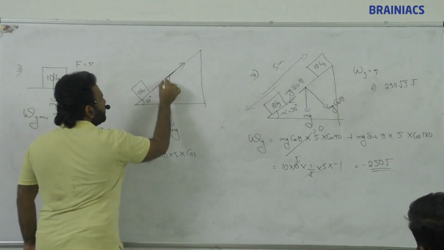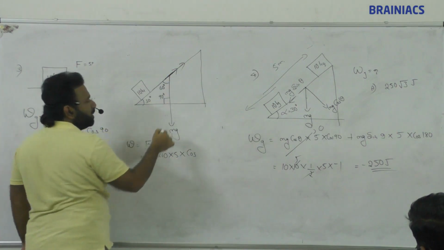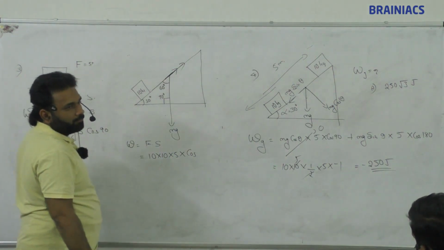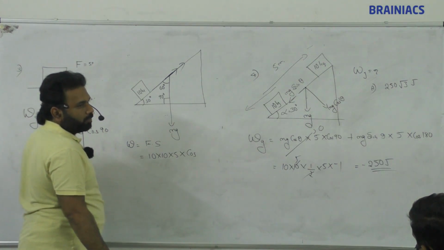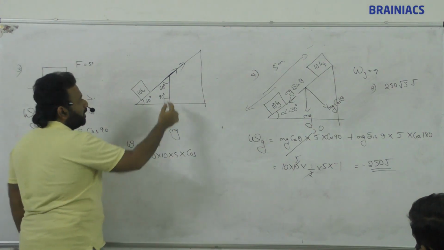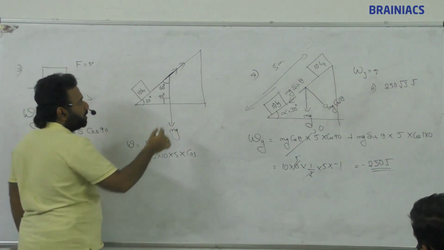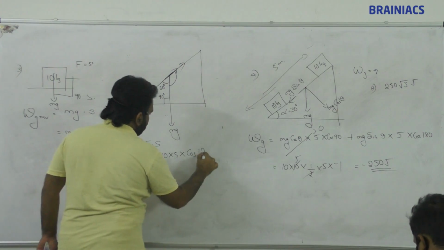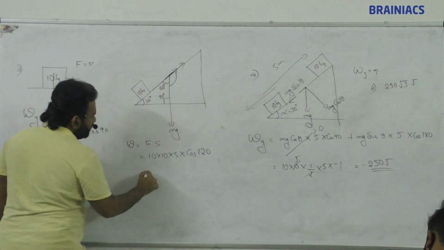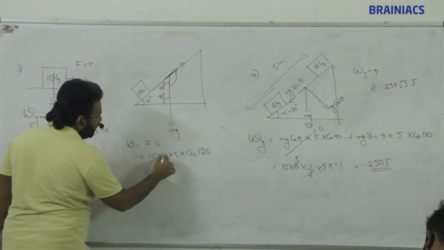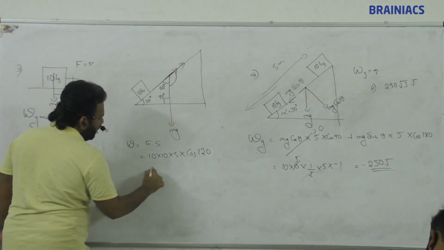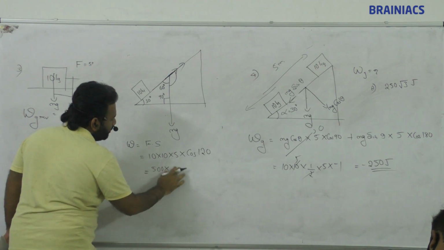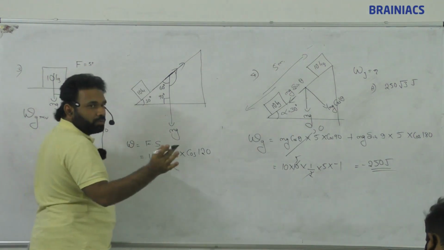This is the direction of displacement and this is the direction of force, so the angle is 120. Cos 120. So this is going to be 500 into minus, okay.